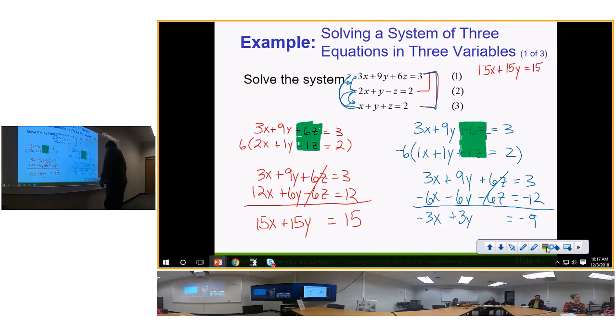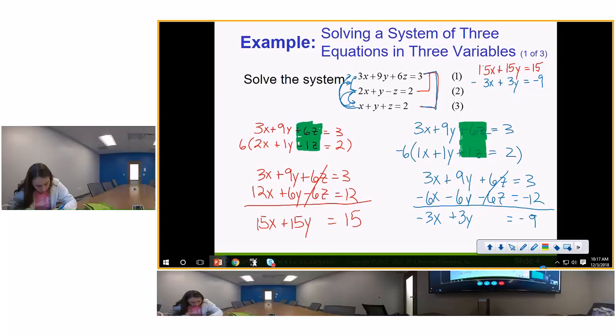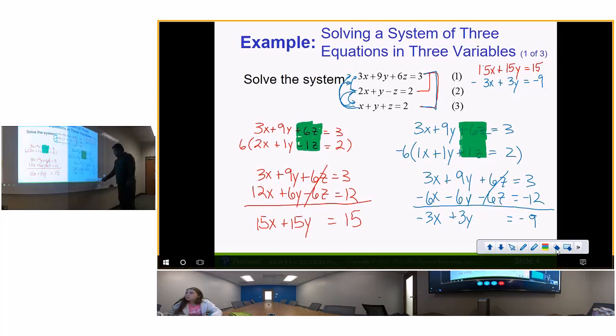And then in blue, negative 3x plus 3y is equal to negative 9. Now, I'm going to erase this.